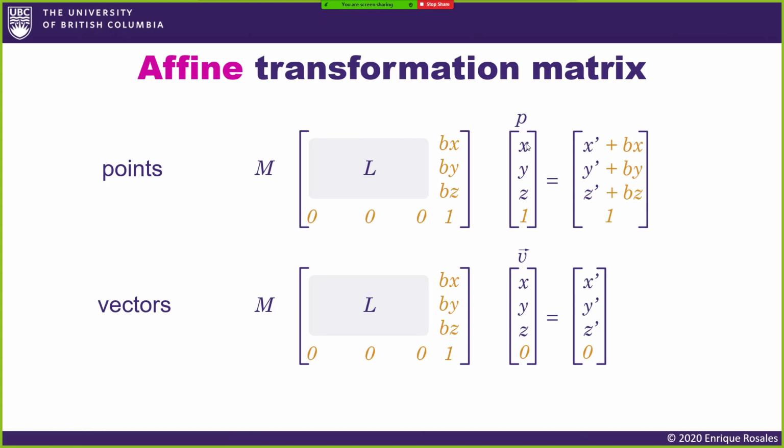They're not a hack, they have a meaning, and this is the actual meaning. Now let's come back to these affine transformation matrices and analyze again the difference of applying these affine transformations to either points or vectors.